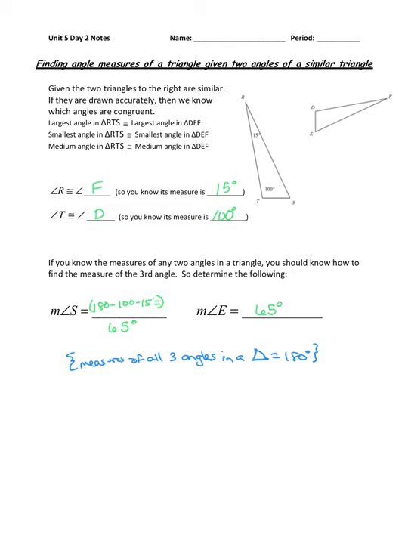So let me show you something. I'm going to put a few extra bits in here. Triangle RTS is similar. That little thing means similar. Is similar to triangle, I'm going to name it because things are going to match, FDE.